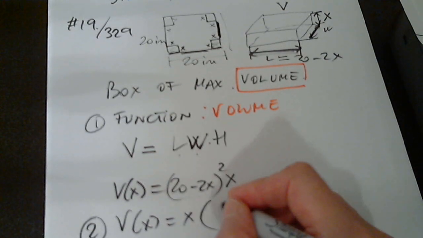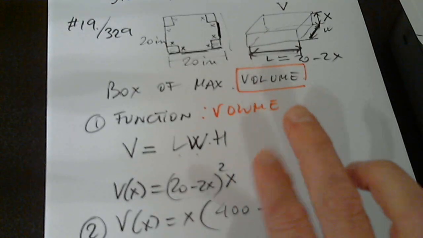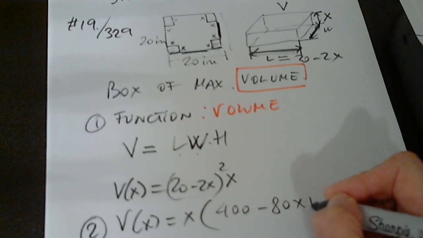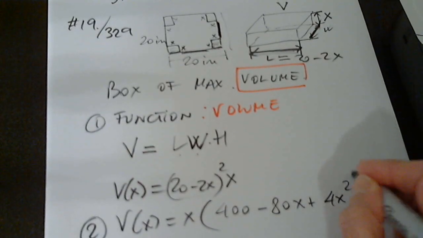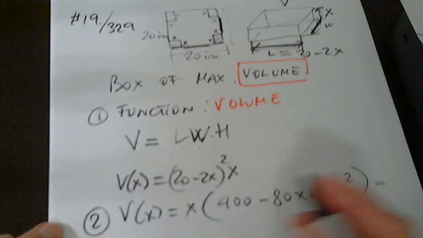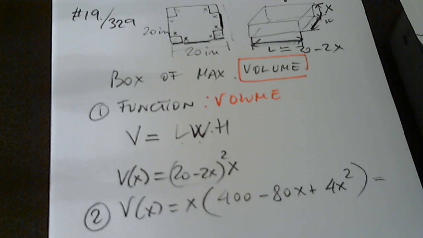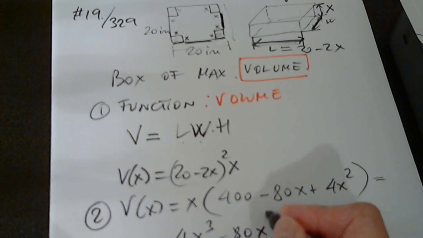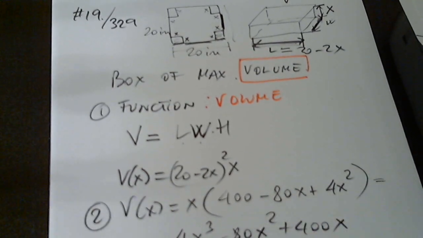The first term squared minus 2 times the first times the second, so 80x, plus the second term squared. Two times 2 is 4, 4 times 20 is 80. I distribute x. 4x cubed minus 80x squared plus 400x, always in descending order. And simplify this.